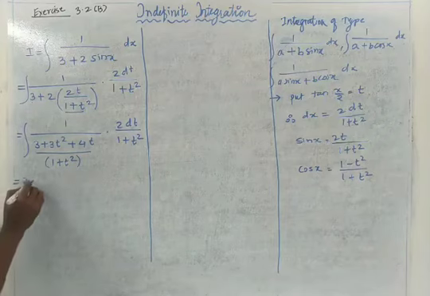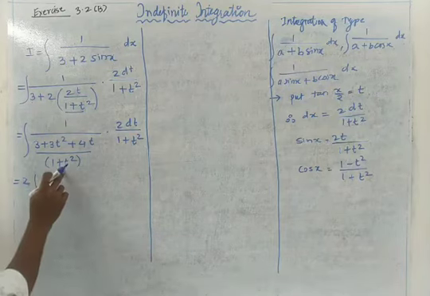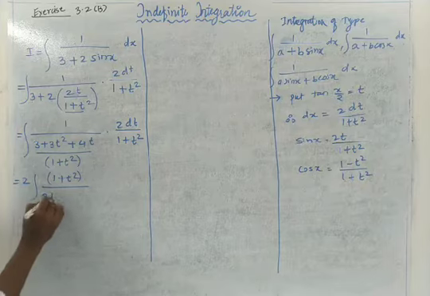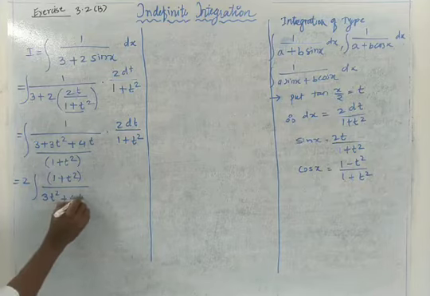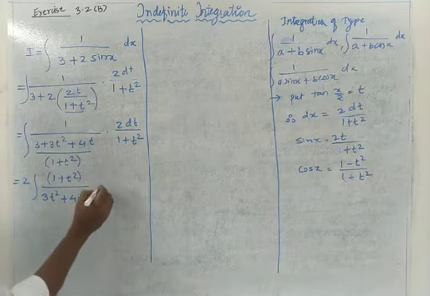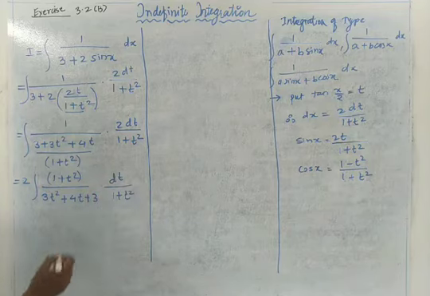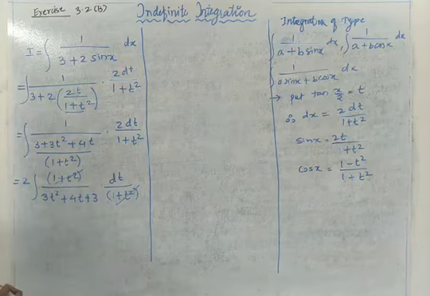Now I am taking 2 outside the integration and writing the denominator as a numerator. So 1 plus t square upon 3t square plus 4t plus 3, rewriting this quadratic equation, into dt upon 1 plus t square. And now this bracket and this bracket are going to cancel.